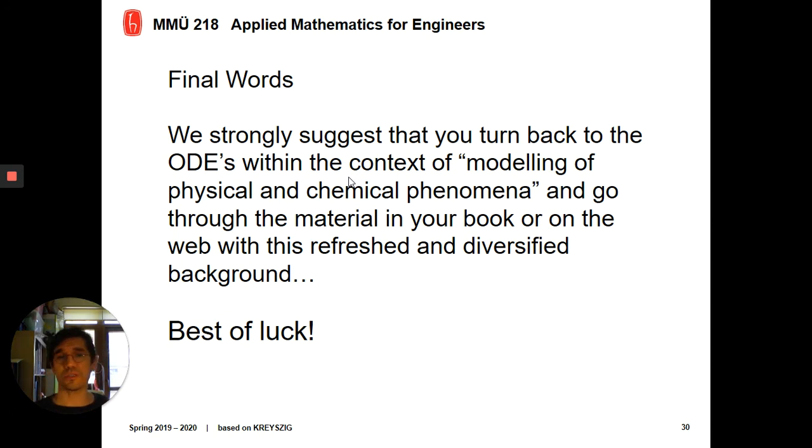Go back to those materials in your previous notes, and with this refreshed and diversified background, now you're able to read math, listen to math, watch mathematics videos with more ease. I think that will be the thing that this course tries to do.